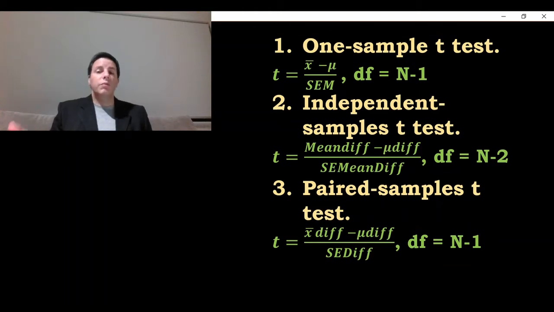And what is the population we want to compare with? Well, sometimes it's a population in which the mean is 0, because we want to know whether our mean is different than 0. But in most cases it would be a particular mean.